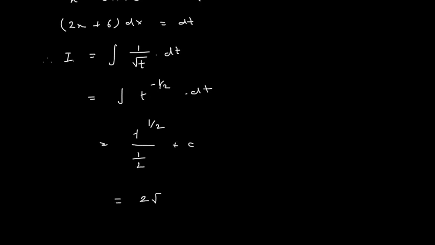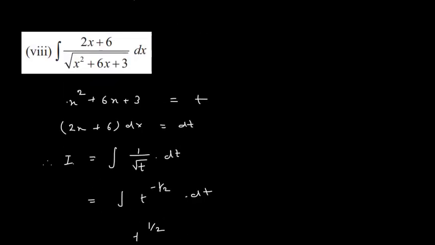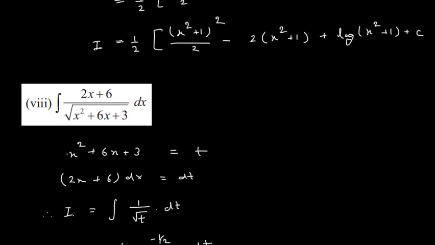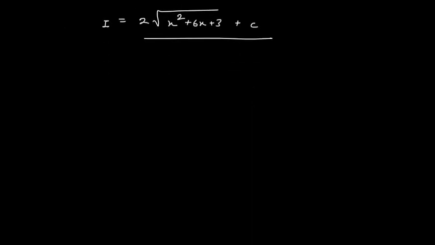So this is 2 root t plus c. Now I will replace t with x square plus 6x plus 3. So here it is 2 into root of (x square plus 6x plus 3) plus c. So this is your integration I. This is your 8th question. Now the 9th one.